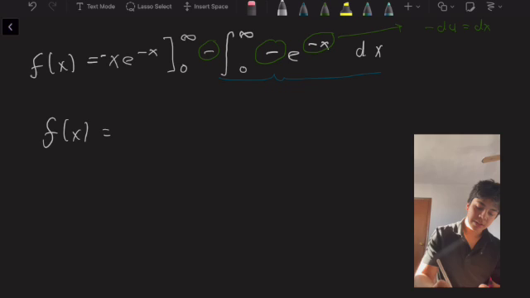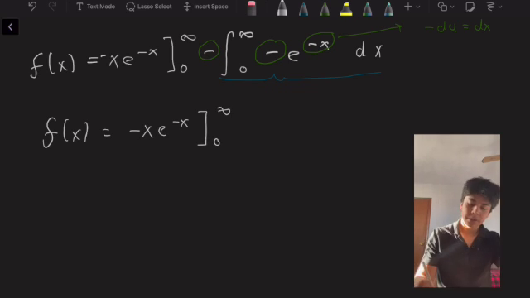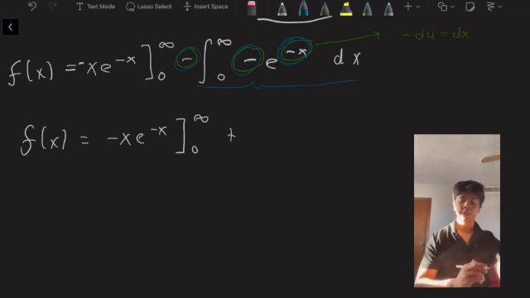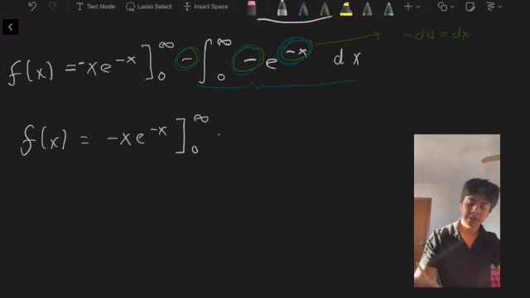So f of x is negative x e to negative x, evaluated from 0 to infinity. And furthermore, we have the integral. So I'm going to pull out the negative sign, so I'm going to get a positive. And when we pull out the negative, this negative right here, it's going to create a negative. So these two pull out to create a positive, and then this one right here pulls out to create the negative sign.